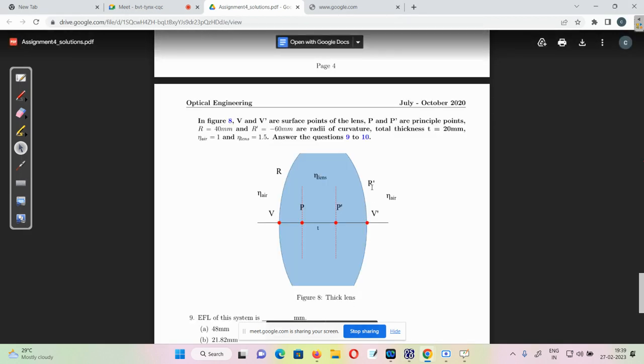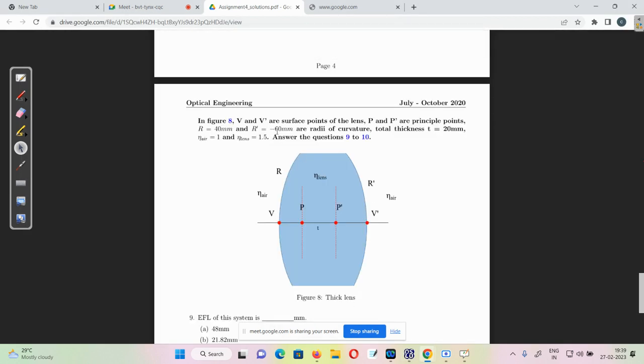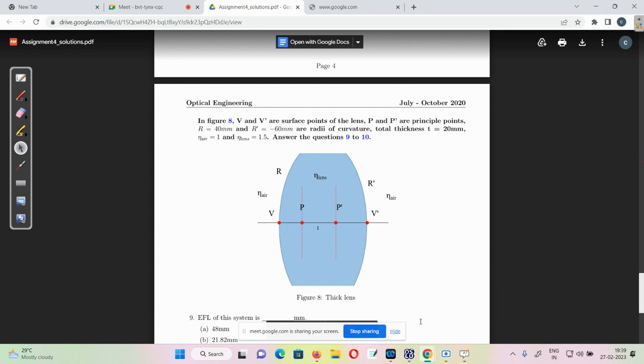So let's see. 40 and minus 60, thickness is 20 mm.